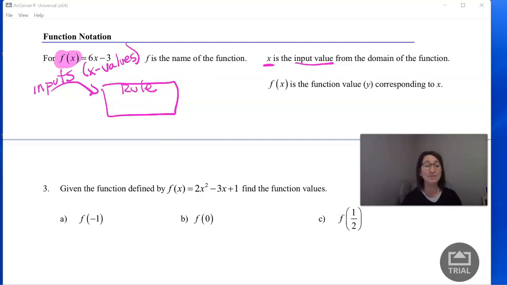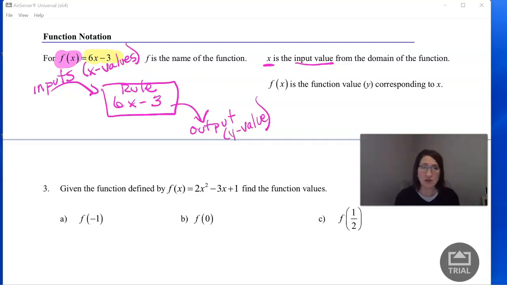For this example that we have right here, our rule is 6x minus 3. That means you take your X value, multiply it times 6, subtract 3. And then after you're done with that, you will get an output or a Y value. That's just how your function works. Inputs, apply the rule, outputs.